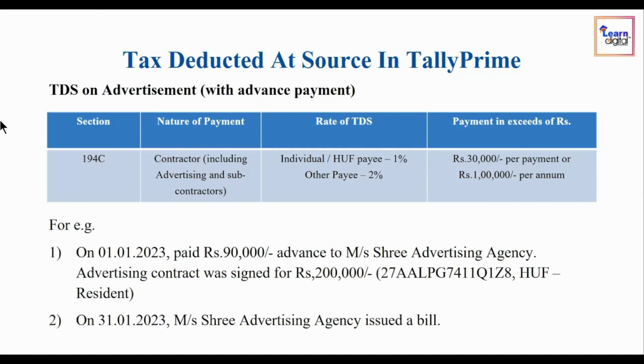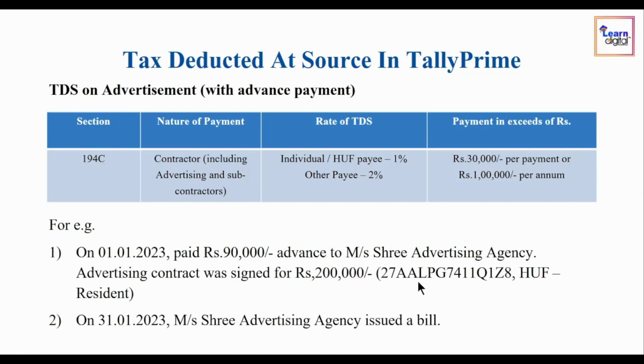So here is the example. On 1st of Jan 23, paid rupees 90,000 advance to Messrs. Shri Advertising Agency. Advertising contract was signed for rupees 2 lakh. So out of 2 lakh, we paid 90,000 as advance.